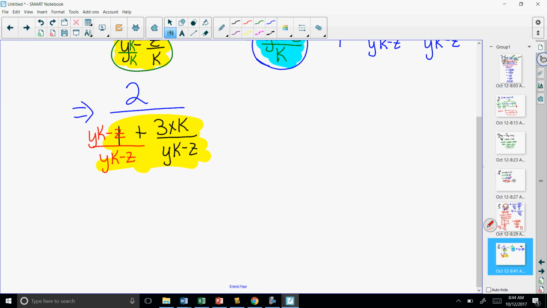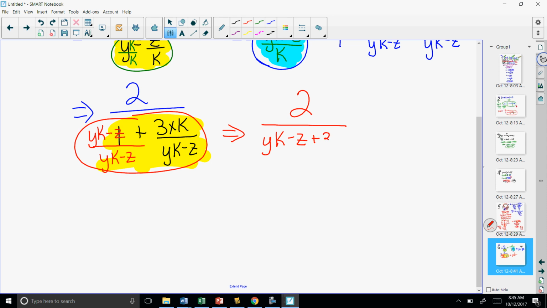Right, when you do that, now I have 2 over, if I write this as one fraction, you're going to have yk minus z plus 3xk over the common denominator of yk minus z. But now you have a complex fraction again, right?